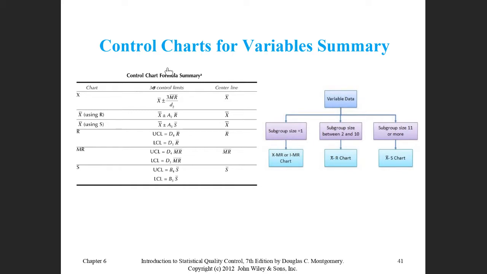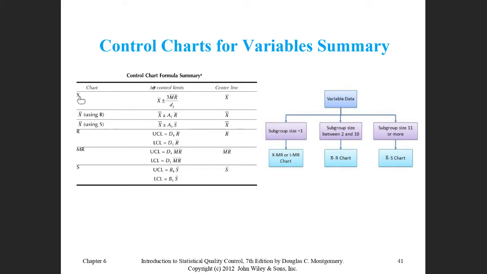The formulas are summarized here for all those control charts: the X bar chart, and the R chart, the MR chart, the S chart. The first one represents the X bar or individual charts.